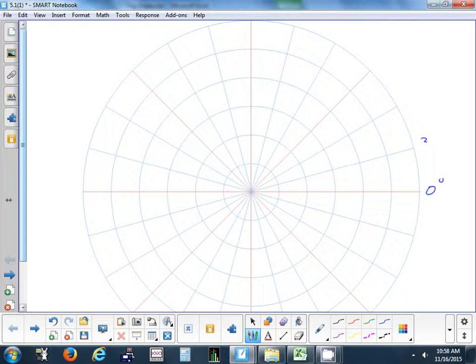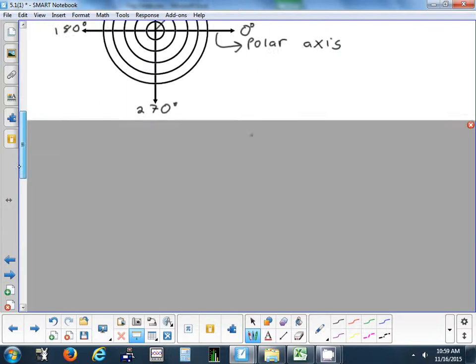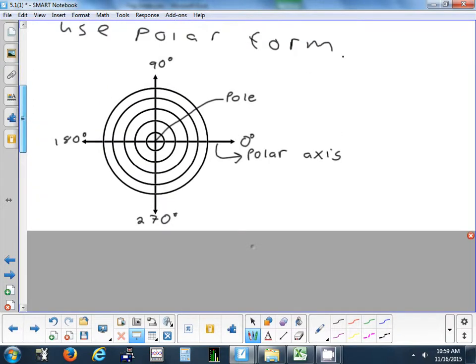So it's 0, 30. Is it 30s? Nope. You know what? I think it's 15s. Let's try that. 15, 30. Yeah, that's it. 45, 60, 75, 90. So each section is sectioned off into 15 degrees. On this one, I didn't do that.